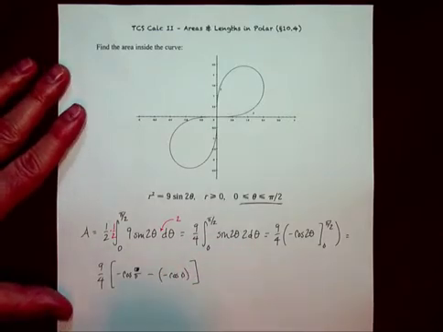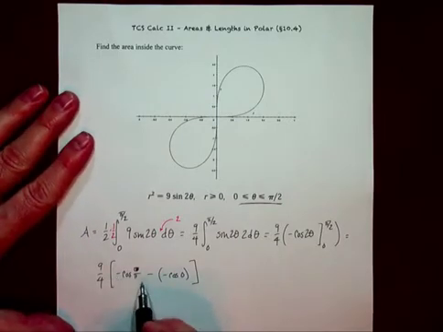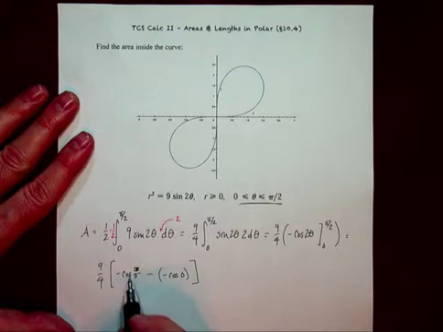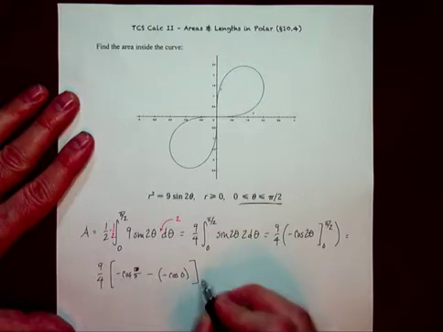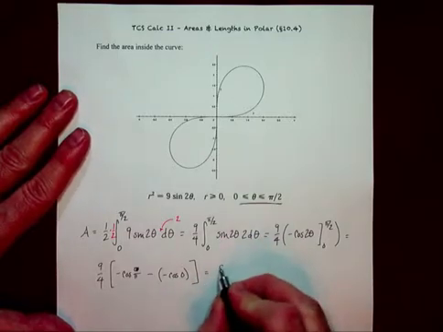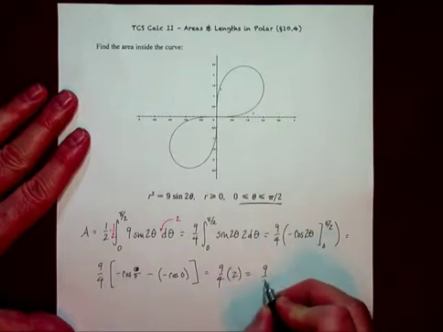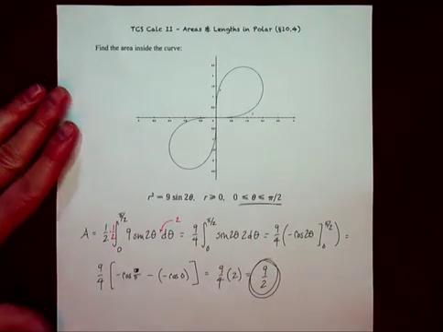Now, cosine of pi is -1, and -1 negativized is +1. So it's -1 minus a -1, so it's 1 plus 1. And therefore, what I get is 1 plus 1 times 9/4, and that area becomes 9/2.